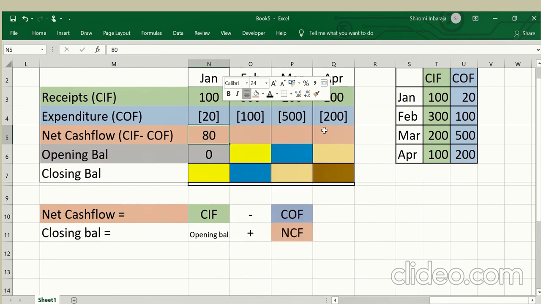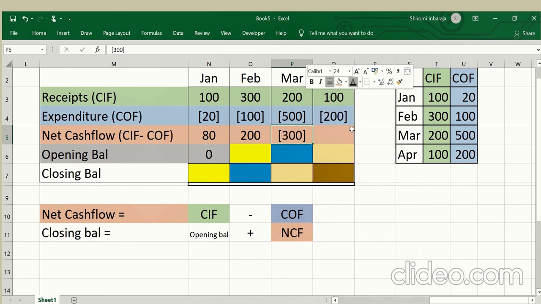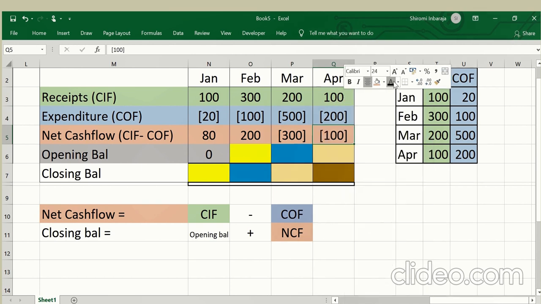Plus 100 take away 20 gives 80. Positive 300 take away 100 gives a positive 200. Positive 200 take away a negative 500 gives a negative 300. Positive 100 take away negative 200 gives a response of negative 100.